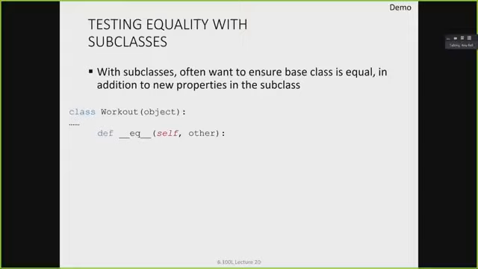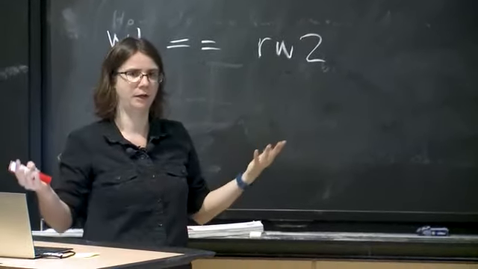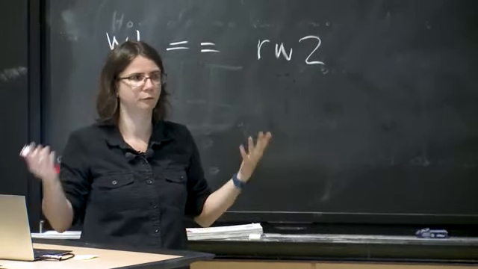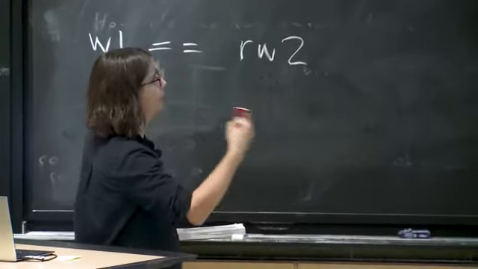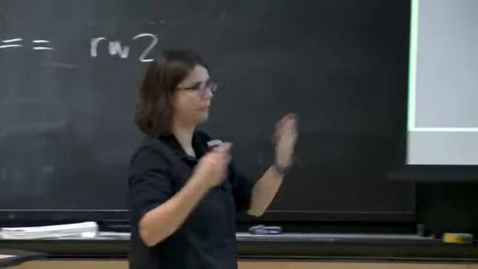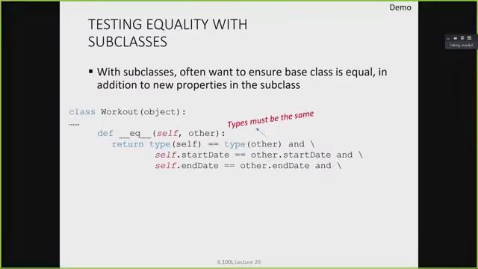So again, my decision for comparing these two workout objects is to say, well, first, let's compare the types. So if I'm comparing a workout versus a running workout, right off the bat, they're not going to be equal, right? So first of all, the type of this object should be the same. So I should be comparing workouts with workouts, running workouts with running workouts, or swims with swims. And I also want every one of the other data attributes to be the same, right?